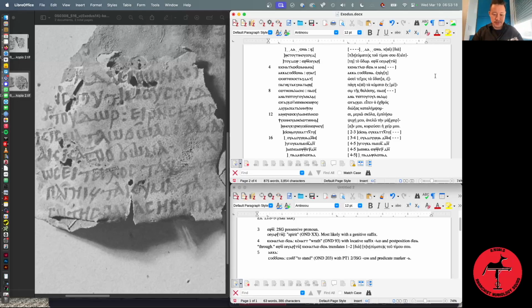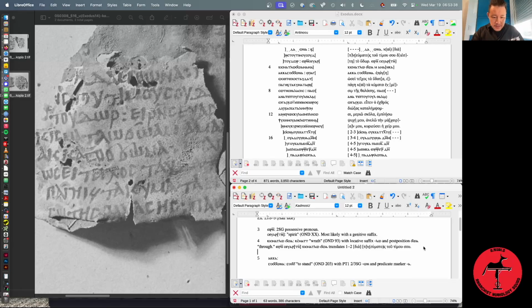Because this clearly should be Amanka water. Oh, why is this weird? And that then fills also up the line. And then, as I thought, this is a verby thing.